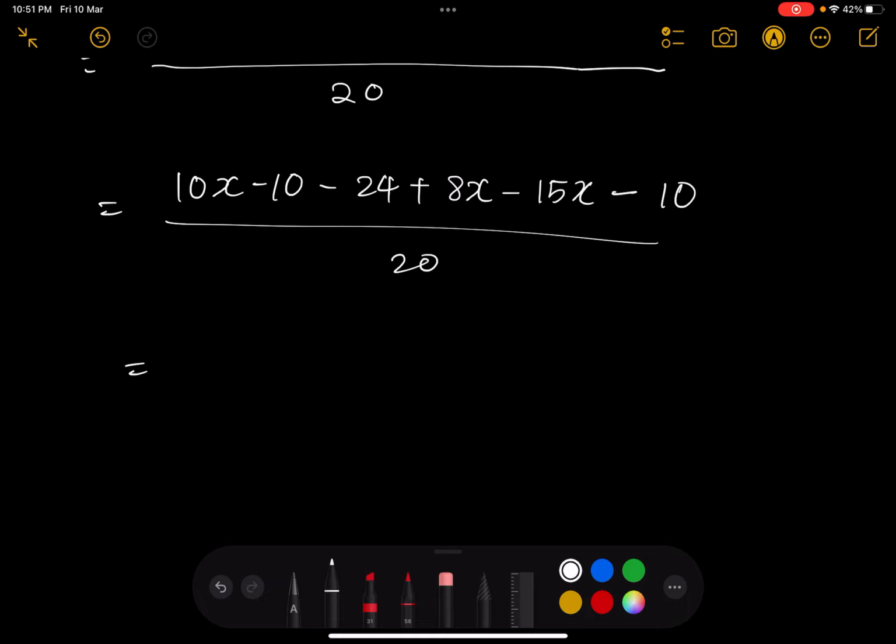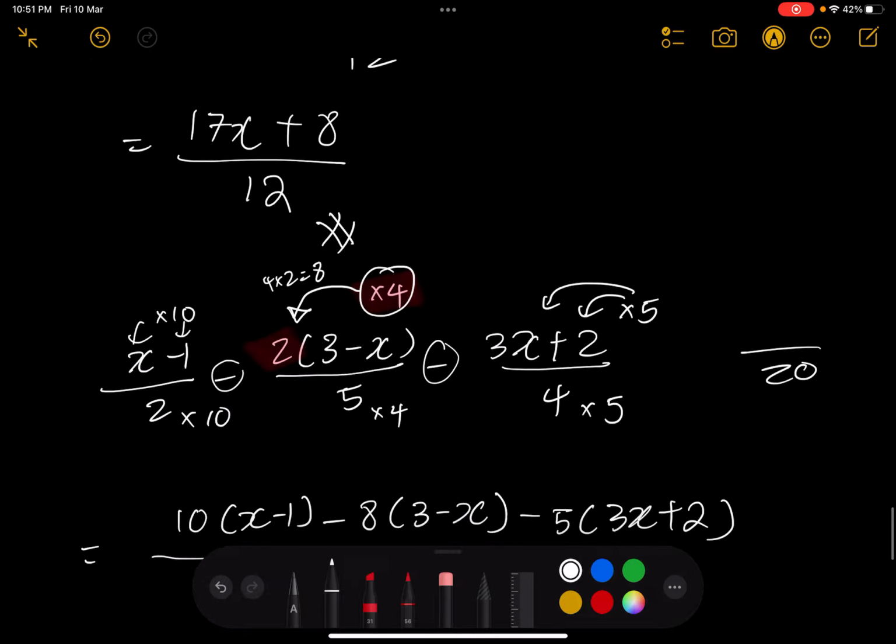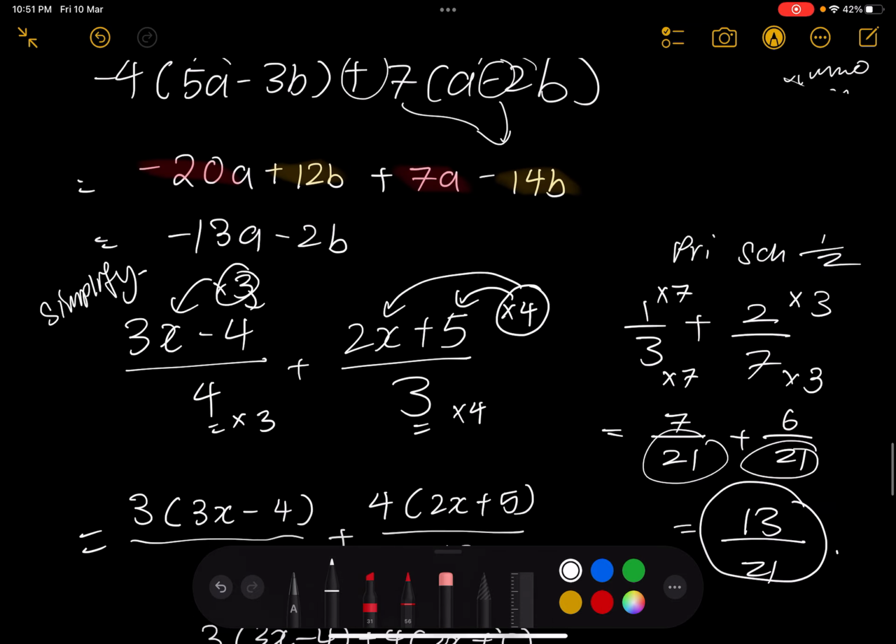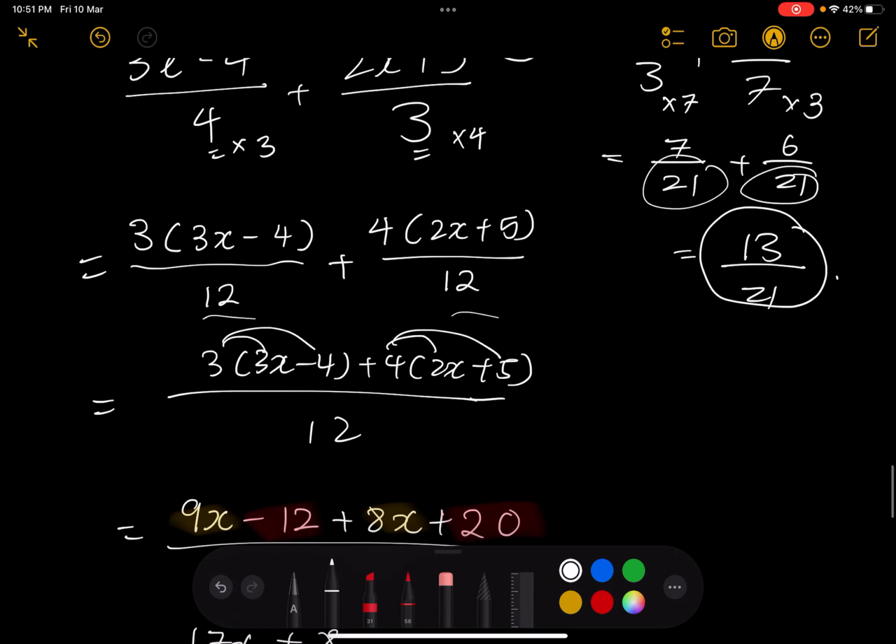Okay, the speed I'm doing now is quite slow. 3x minus 10 minus 24 minus 50 minus 10, minus 44. Can follow? So this simple thing you must do it right.